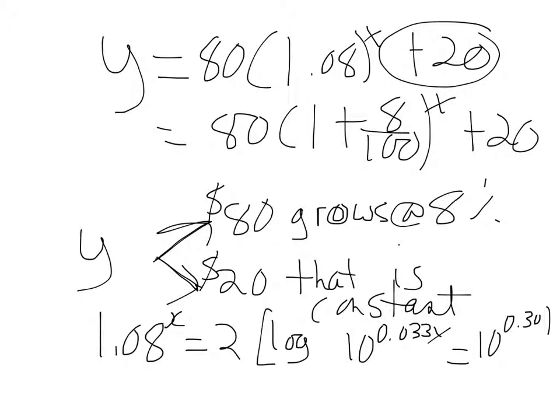Yeah, which is about 9.1. So that means our doubling time, x in this case, is 9.1. That's what it should work out to. So let's move that to the next page.